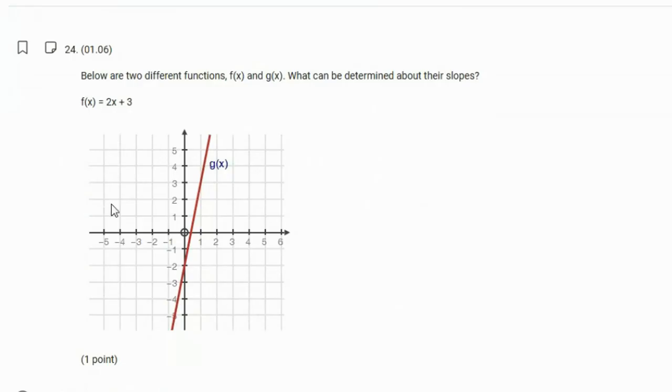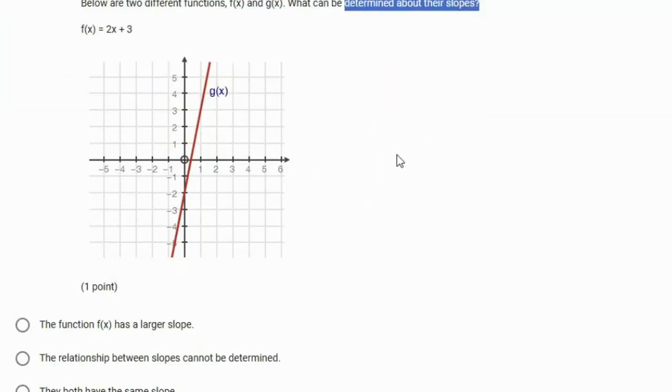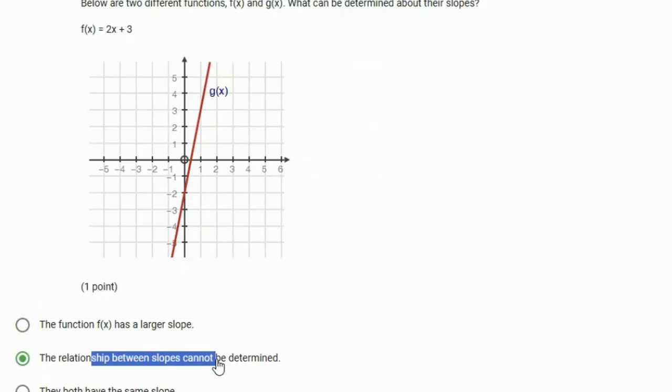Here's 2 different functions, f of x, which is an equation, and g of x, which is a graph. What can you determine about their slopes? Like f of x has a larger slope, or g of x has a larger slope, or you can't determine the slopes. Okay, that's the wrong answer. You can determine their slopes. Or they both have the exact same slope.